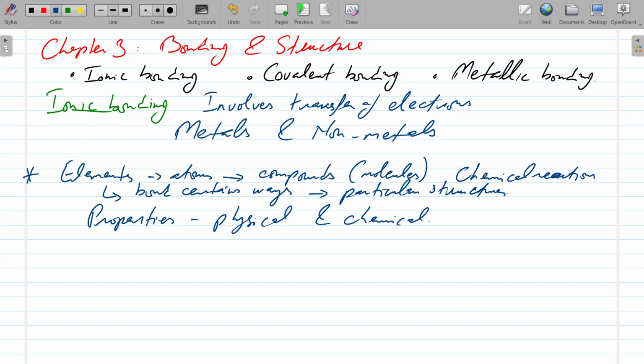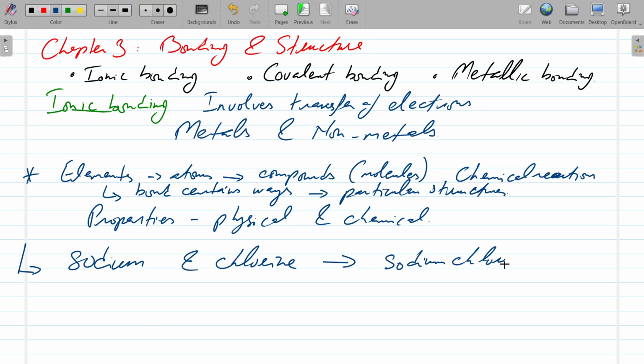So a very simple example is sodium and chlorine, and they react ionically. They have a chemical reaction and form ionic bonds to form sodium chloride. Question is, how?